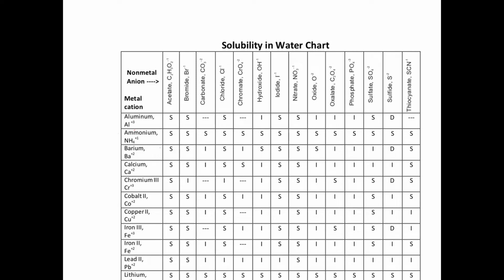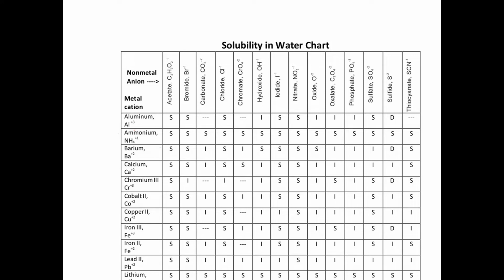Here's one example of a solubility chart. I wanted to show you how this works and how you might use it to figure out if you have a precipitate in a double replacement reaction. Going across the top, you'll notice I have the negative ions, and going vertically, I have the positive ions.